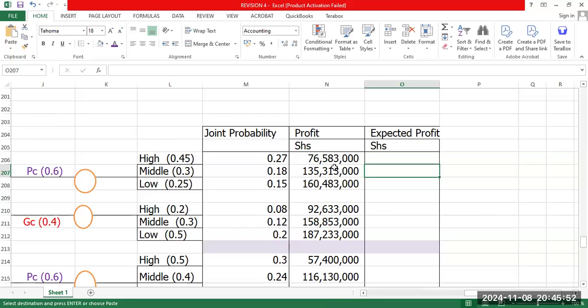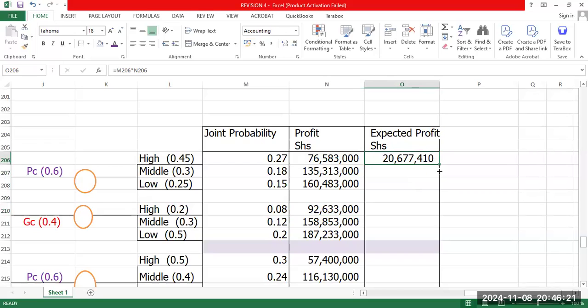So we can get expected profit by simply multiplying. For you, you can keep 3 zeros. Me, I'm using Excel, it is easy, but you can keep 3 zeros. So we get this. Any question? To get expected profit, we get this figure times this.